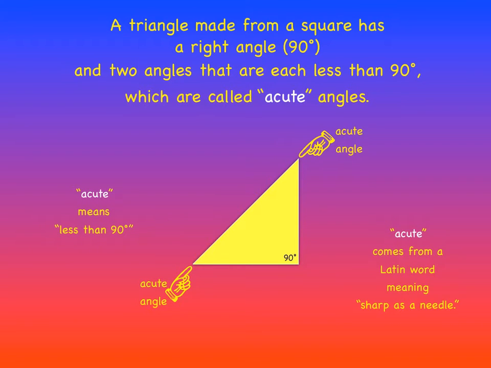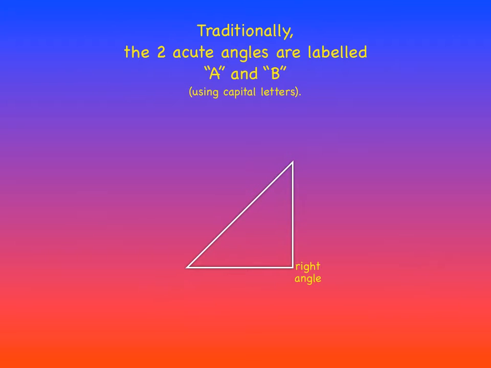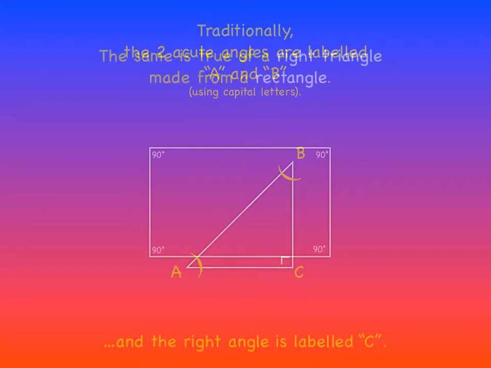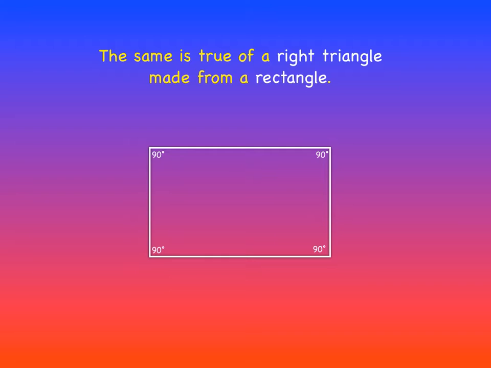Acute comes from a Latin word meaning sharp as a needle. Traditionally, the two acute angles are labeled A and angle B using capital letters. And the right angle is labeled as angle C. The same is true of a right triangle made from a rectangle.